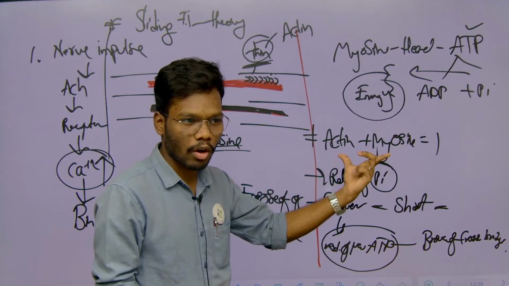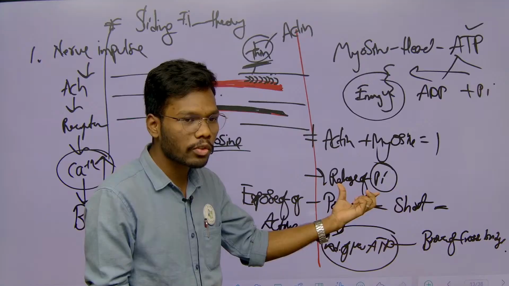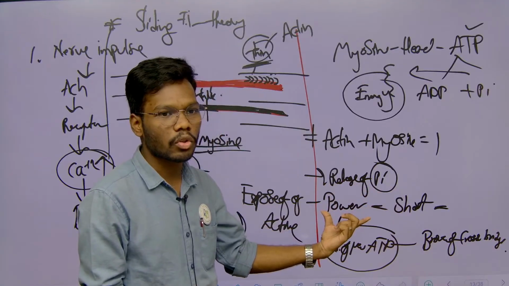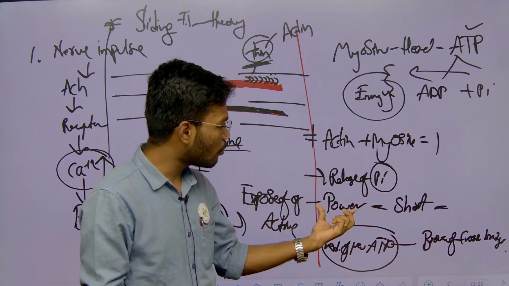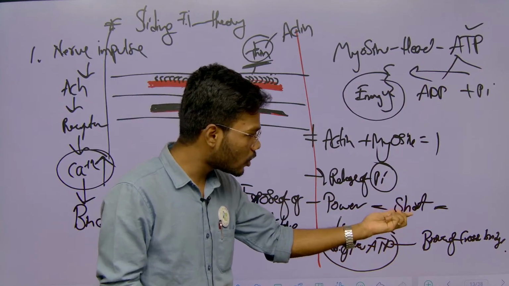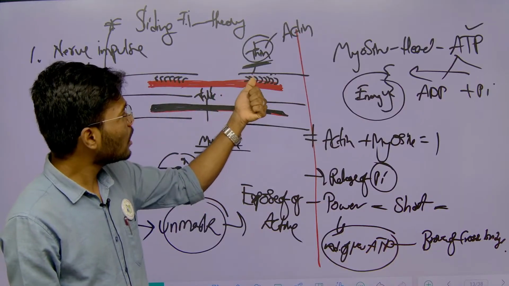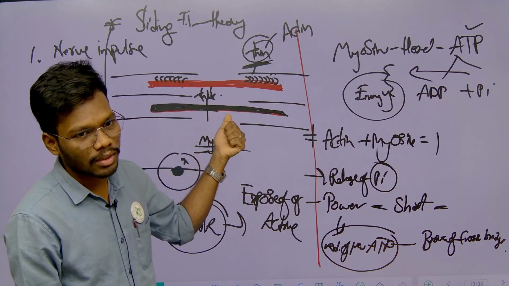With that energy and that exposure, the cross bridge is formed. After cross bridge formation, when the inorganic phosphate is released, the power stroke happens. The power stroke is nothing but shortening of the sarcomere. In shortening there is sliding filament theory: thin filaments slide over thick filaments.